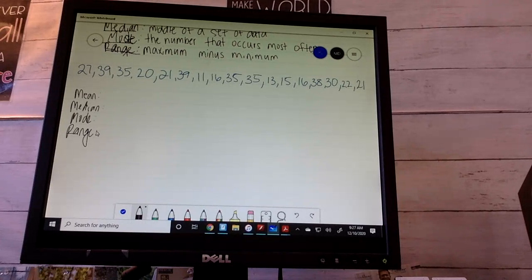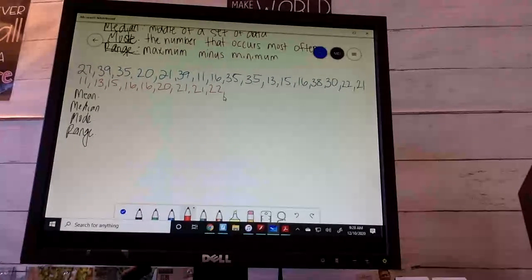You're going to do the median first? Love it. Median is the middle. We should have 17 numbers again. 15, 20, what's next?